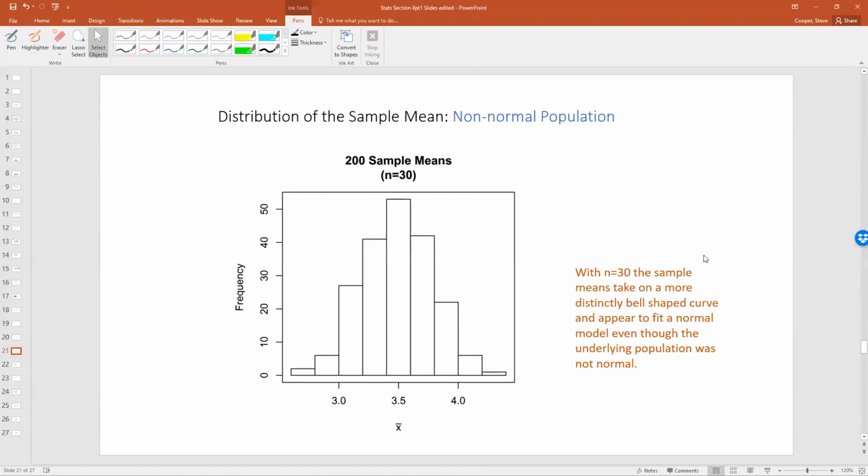It's got a uniform shape. So plug that distribution into sample means, and as long as your sample size hits about 30, you start to get an acceptable normal distribution.